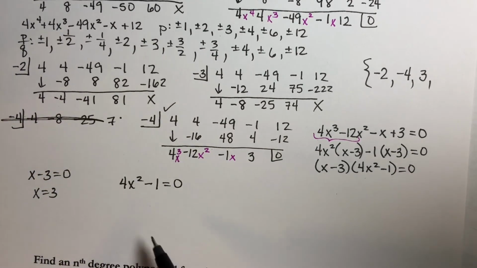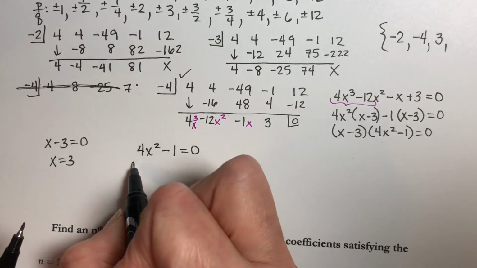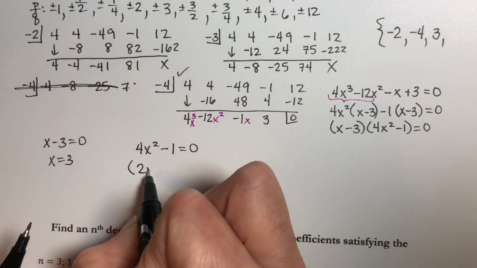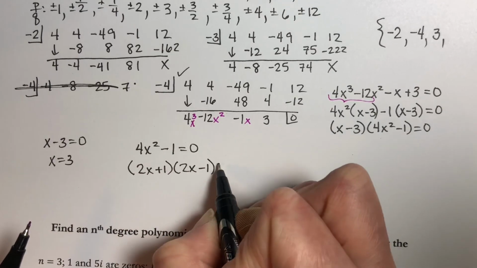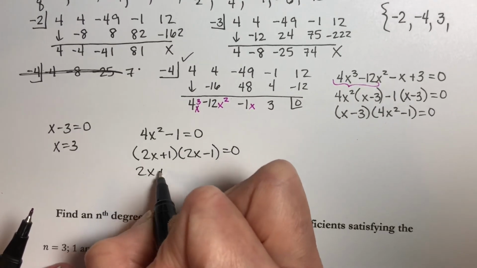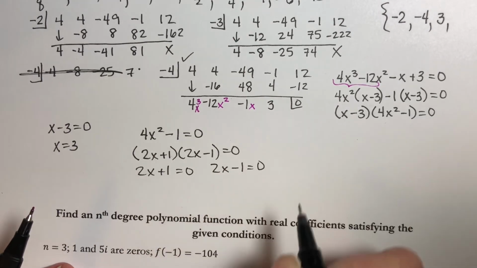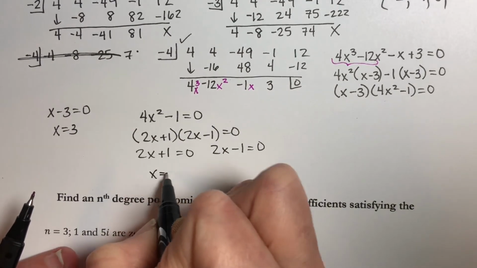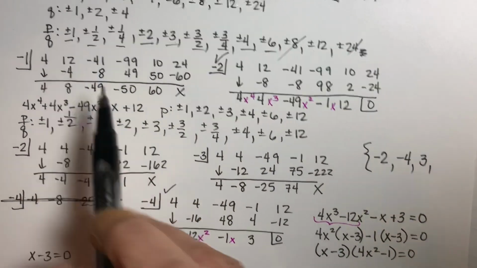Now I could solve this as a square root property problem, but this is a difference of squares, so it factors easily as 2x plus 1 times 2x minus 1 equal to 0. Set each of these equal to 0. And when you solve this one, you get negative 1/2, which was an original possibility.